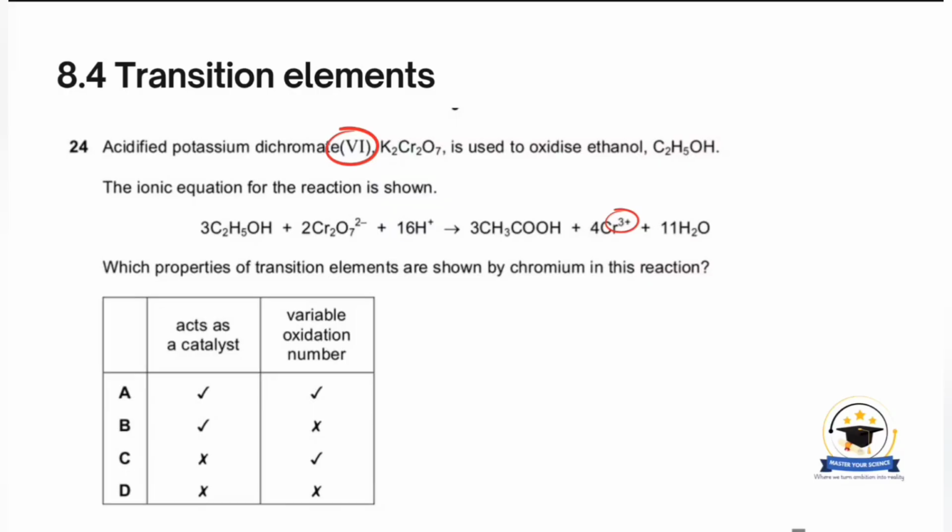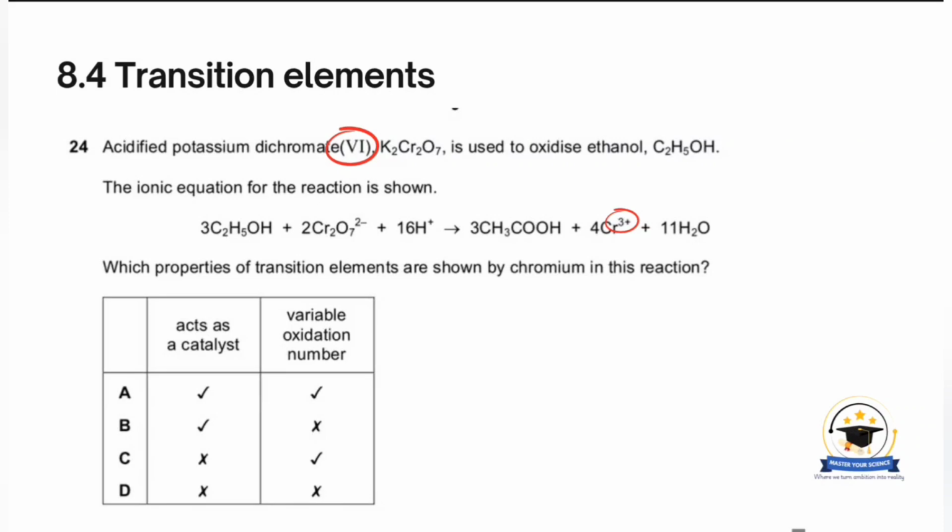And then a catalyst should be unchanged at the end of the reaction. So it should be regenerated at the end of the reaction. But in this case, as we can see, we haven't regenerated our potassium dichromate.